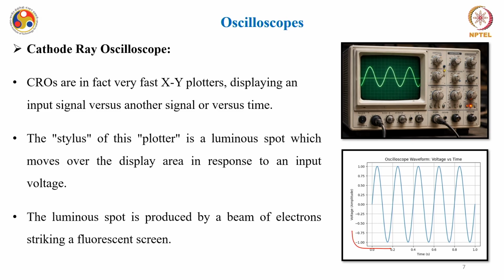It is a luminous spot which moves over the display area in response to an input voltage. The luminous spot is produced by a beam of electrons striking a fluorescent screen. We will see in the CRT that there is a mechanism to generate a beam of electrons which can be deflected by certain means on a fluorescent screen, which produces this kind of signals.